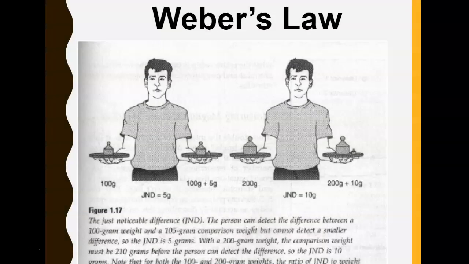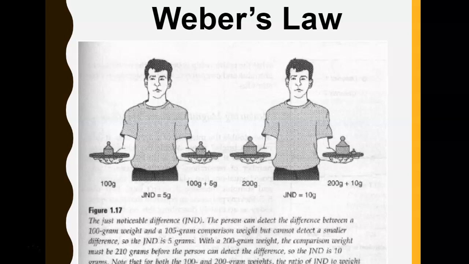So an example here is the just noticeable difference with this man holding these two weighted items. The person can detect the difference between a 100-gram weight and a 105-gram comparison weight, but cannot detect a smaller difference. So the just noticeable difference is 5 grams. Okay.